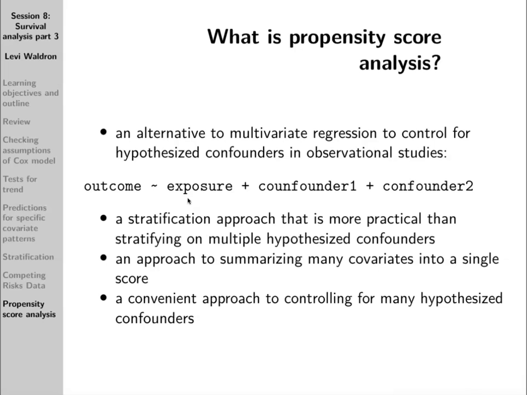That is a perfectly valid way of attempting causal inference. But propensity score analysis is a stratification alternative that is more practical than stratifying and performing your analysis separately on multiple hypothesized confounders. It does this by summarizing potentially many covariates into a single score, the propensity score. And that makes it convenient for controlling for many hypothesized confounders.